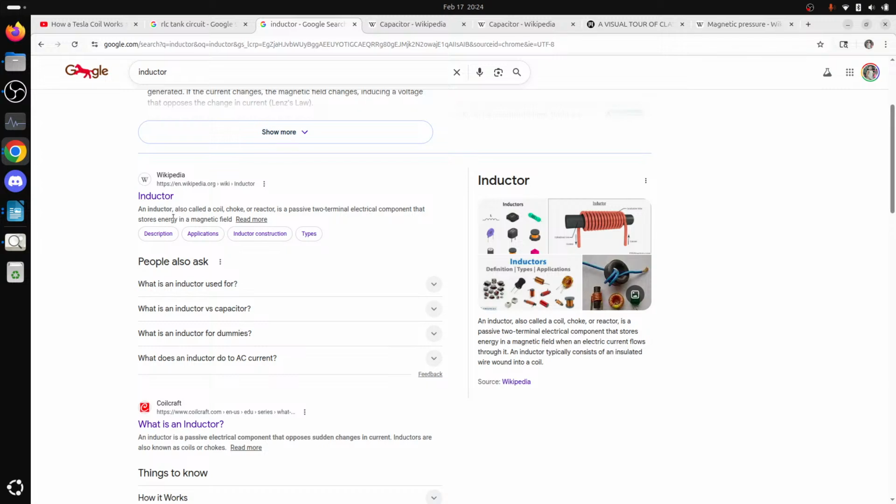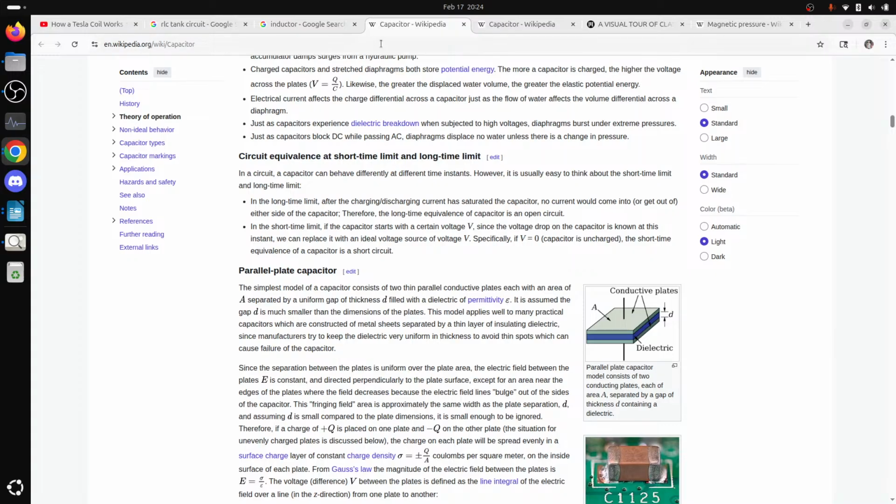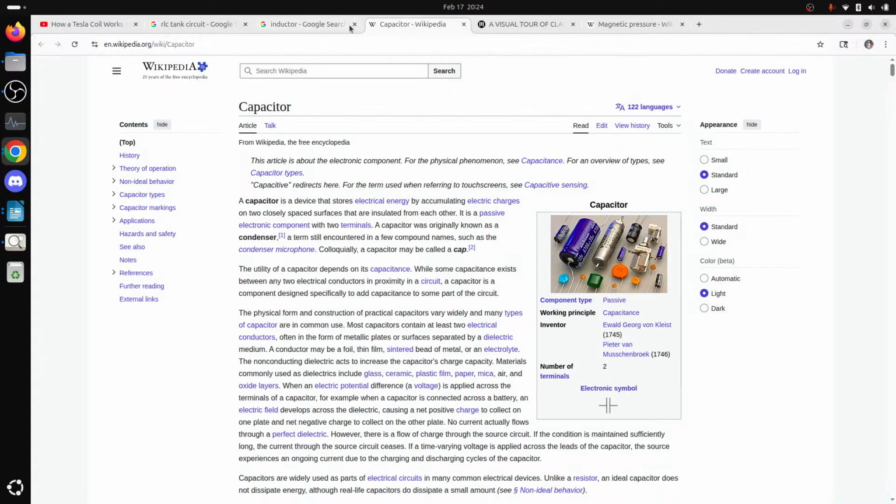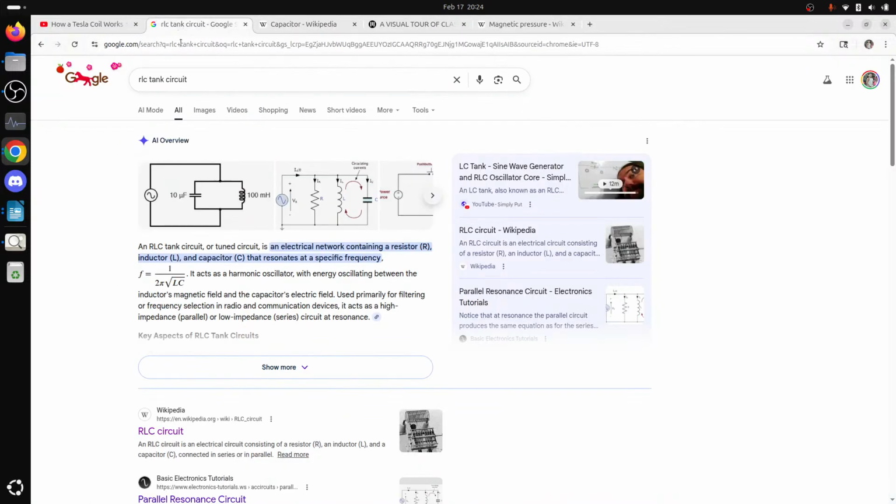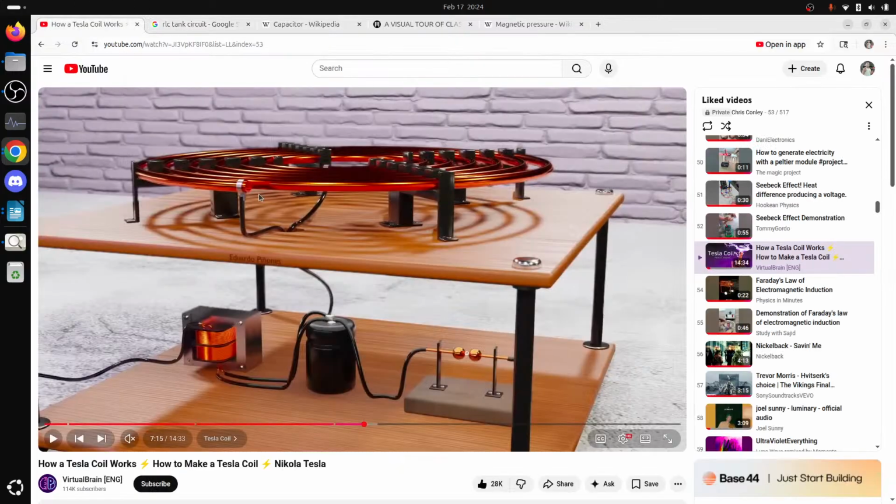It stores energy in a magnetic field. So that's pretty simple. I suppose RLC, so that's the Tesla coil here. So once you understand the RLC, you'll understand how a Tesla coil is going to work.